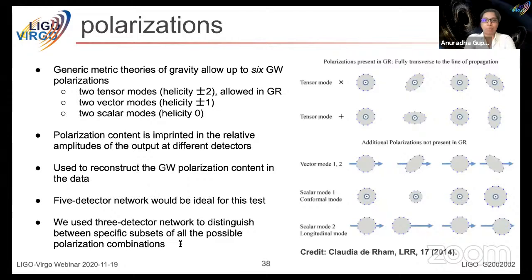To detect these modes, a 5 detector network would be ideal. But since we do not currently have a 5 detector network working, we have to make do with a 3 detector network, and we try to distinguish between specific subsets of all the possible polarization combinations.